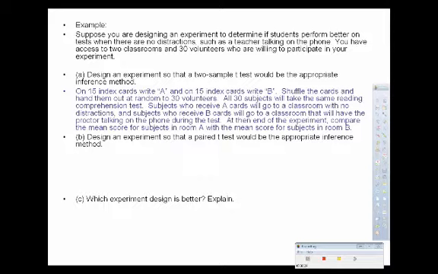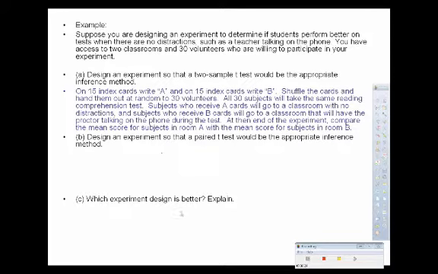Subjects who receive card A will go to a classroom with no distractions. And subjects who receive B cards will go to a classroom that will have the proctor talking on the phone during the test. At the end of the experiment, compare the mean score of the subjects in room A and the mean score of the subjects in room B.